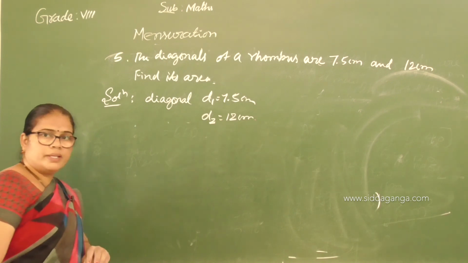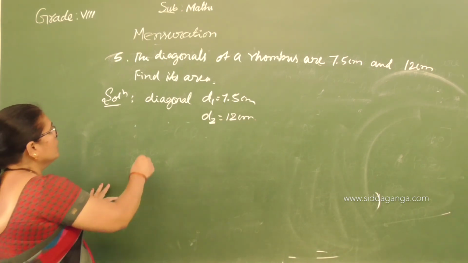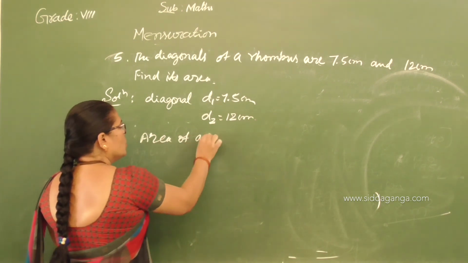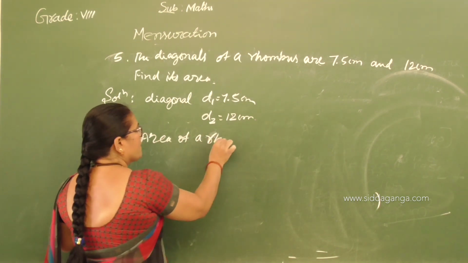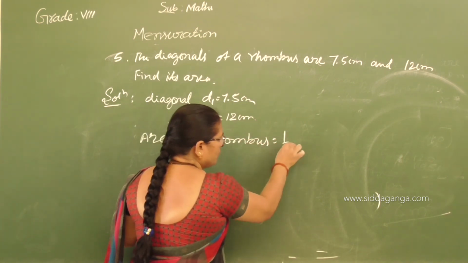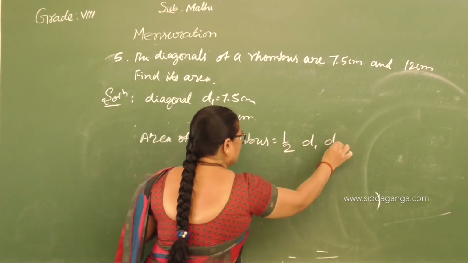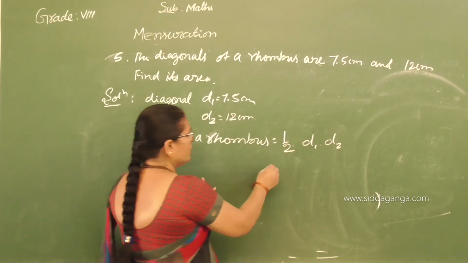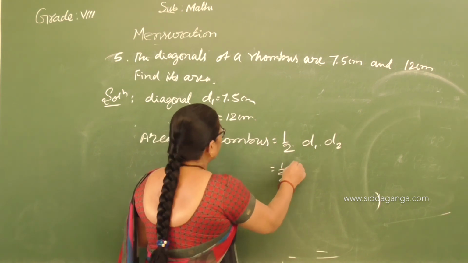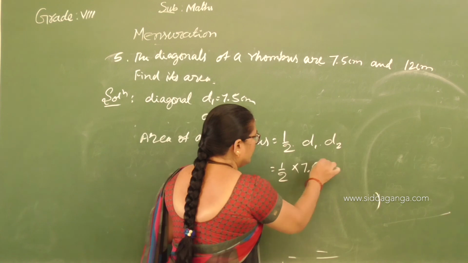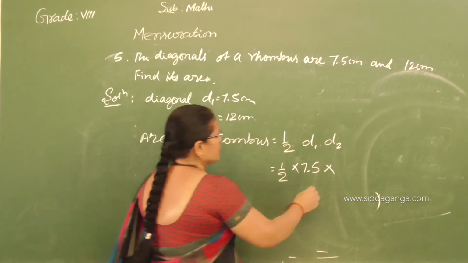What about the area of the rhombus? Area of a rhombus is equal to half into D1 into D2. That will be equal to half into here, what is D1? 7.5. Then D2 is equal to 12 centimeter.